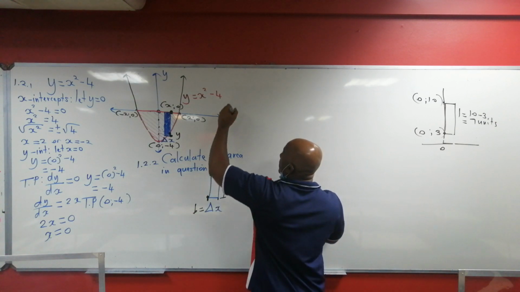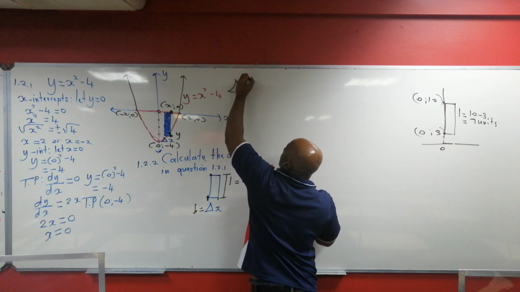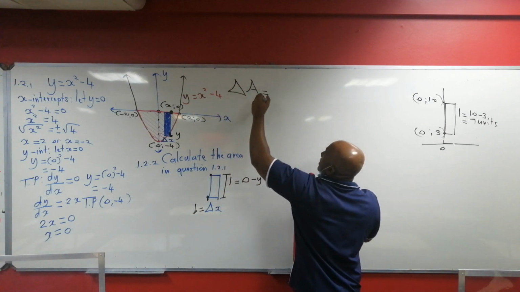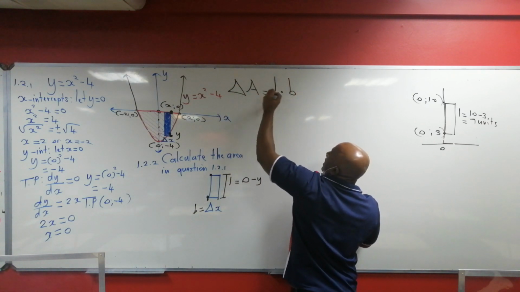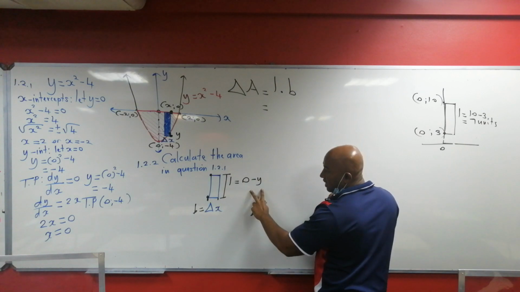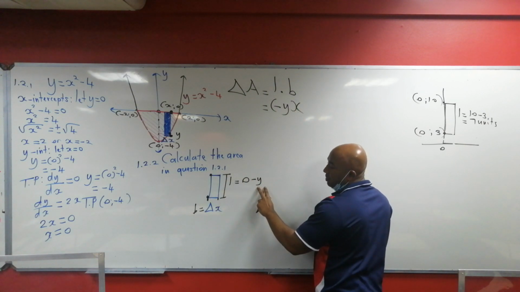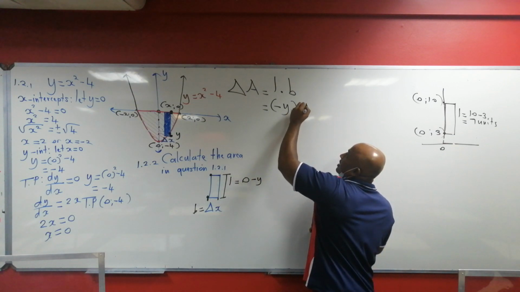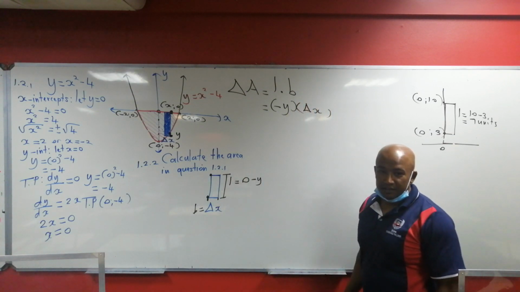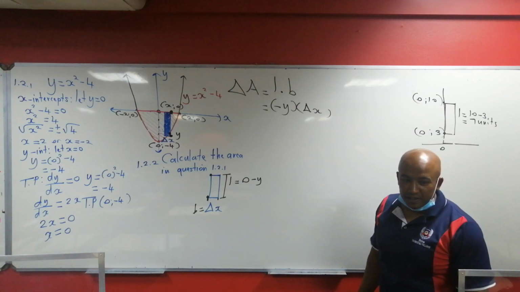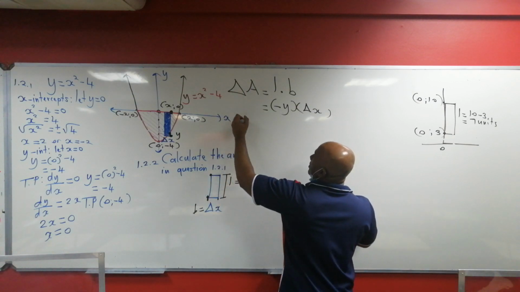Now, area. You're going to go delta A, area is equal to length times breadth. My length is minus y, and my breadth is delta x. Length times breadth. Okay, so total area.